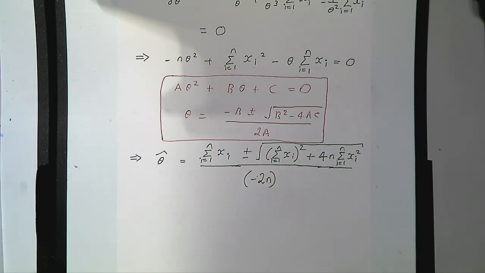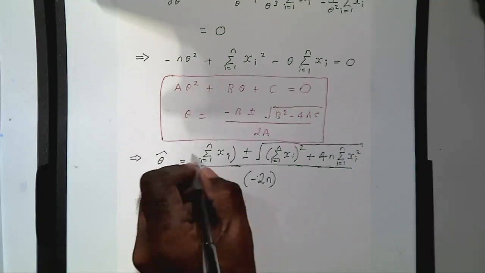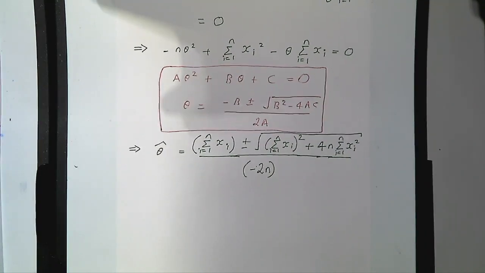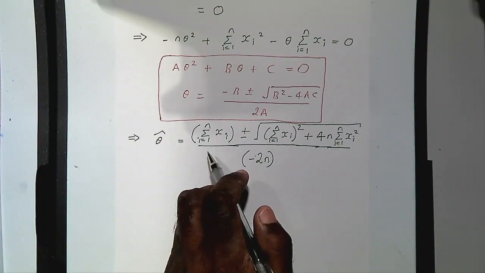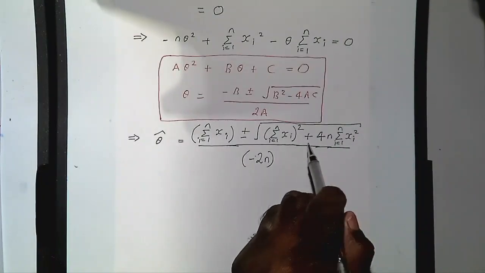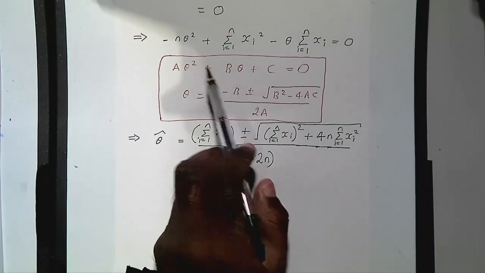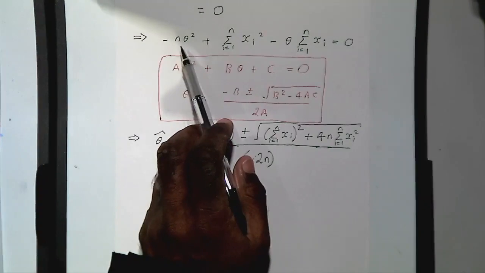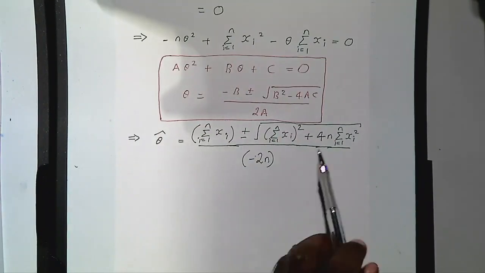Okay, is that right? So this is the solution that you're getting. So it's minus b plus or minus b squared minus 4ac, which is minus 4ac. So it's going to be minus 4n times this, gives you this.